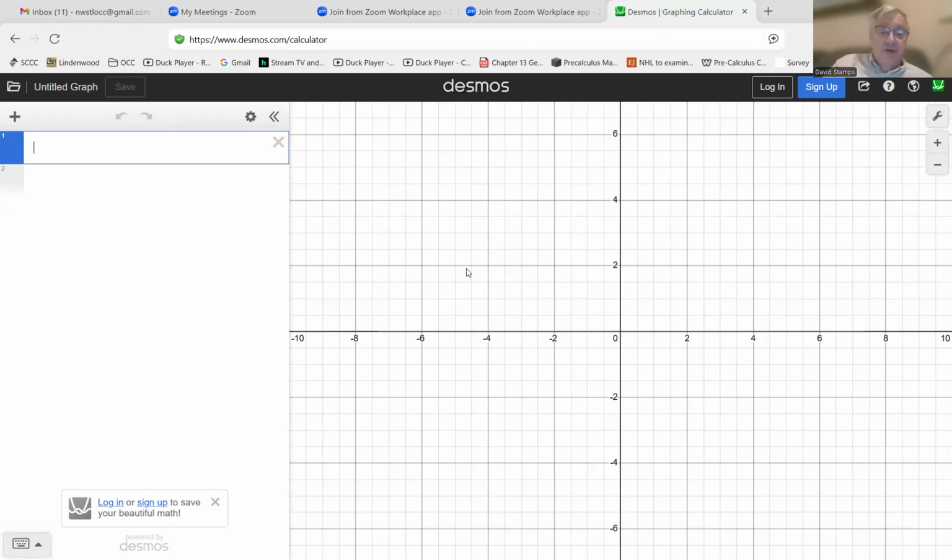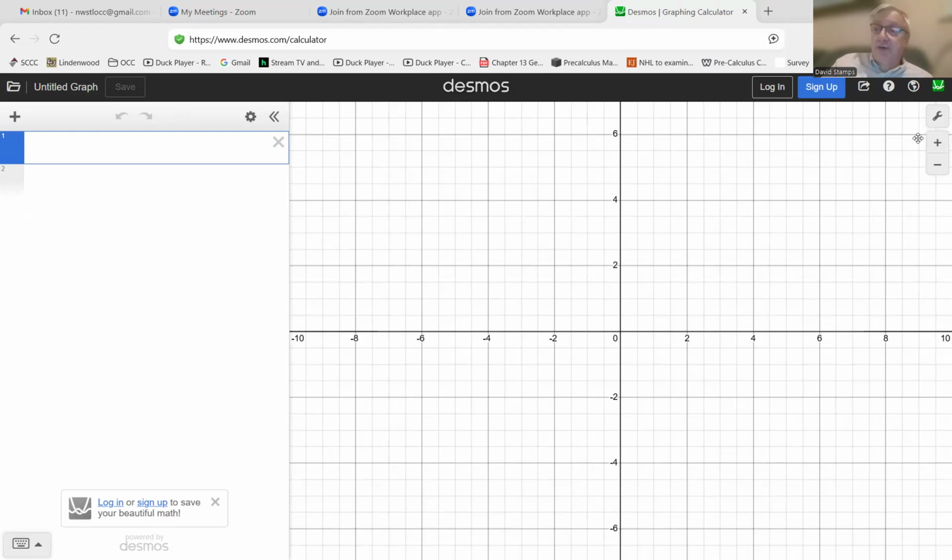supplementary material. So what I want to do is share my screen, and I'm going to call up my Desmos application. So here we go. So you should be able to see my Desmos XY plane.